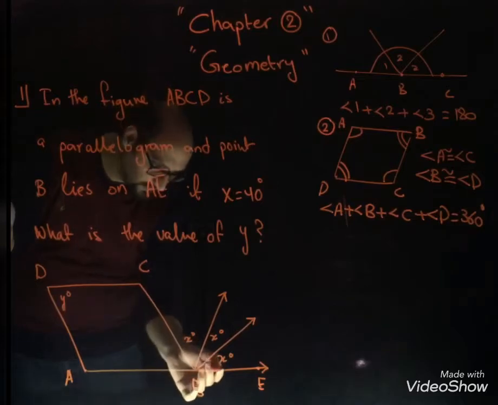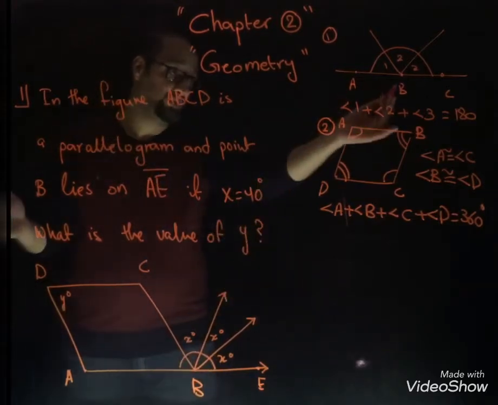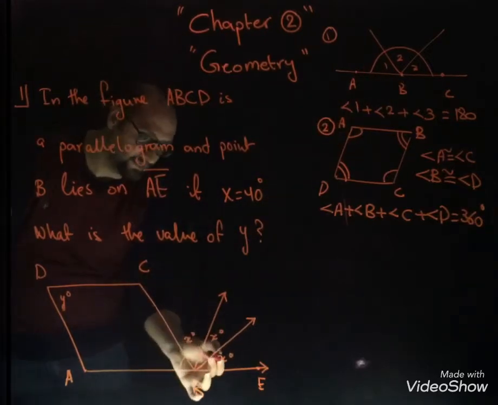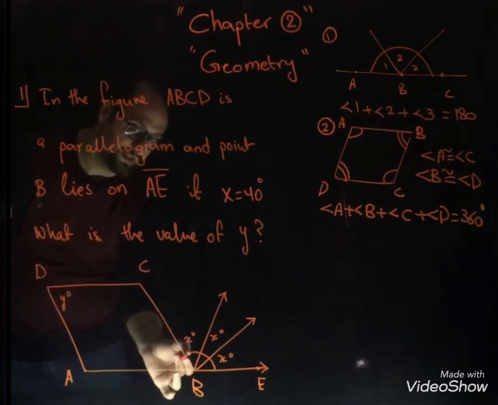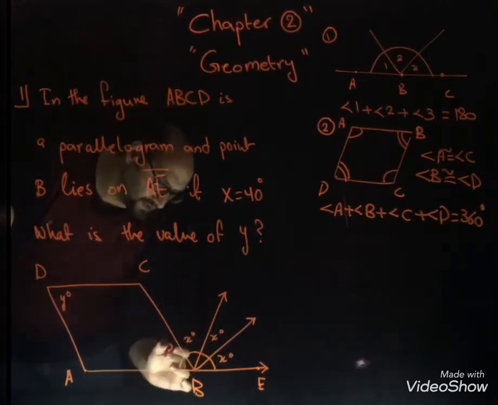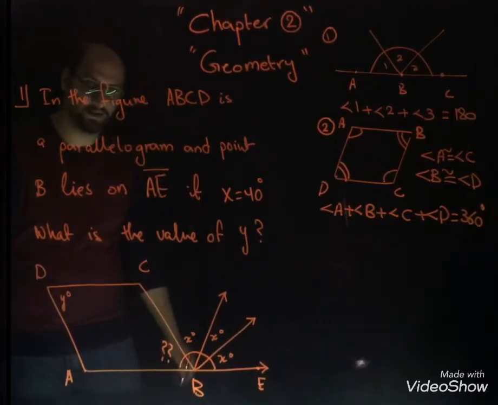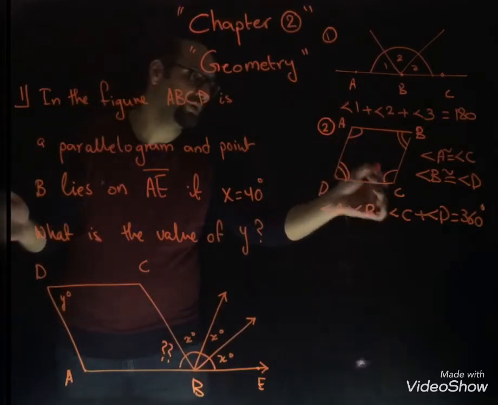Look at this angle. It's a straight angle, like this angle ABC. If we add this x and this x and this x and this angle, we get 180. But what's the size of this angle? Oh, you talk about parallelogram.